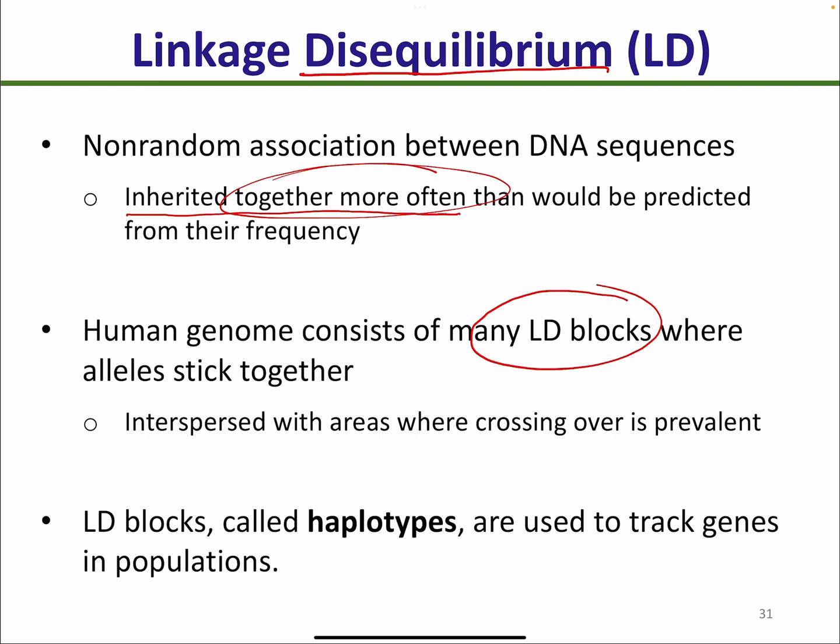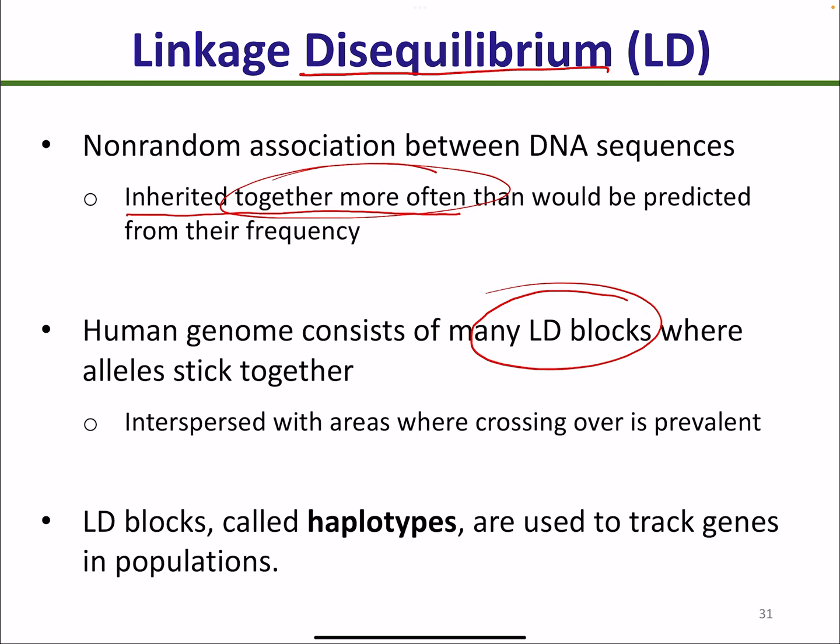The human genome is going to exhibit a lot of linkage disequilibrium. Why? Because genes are actually organized by blocks, right? They're going to be organized by blocks so that they tend to stick together more often than what we can predict, right?